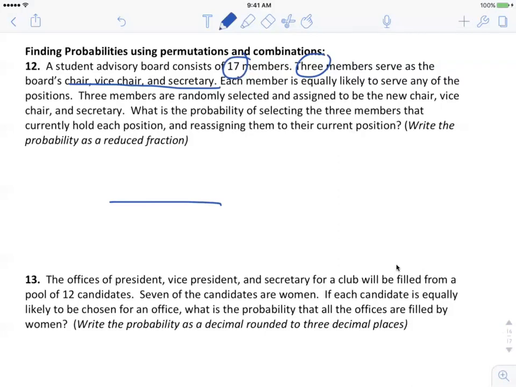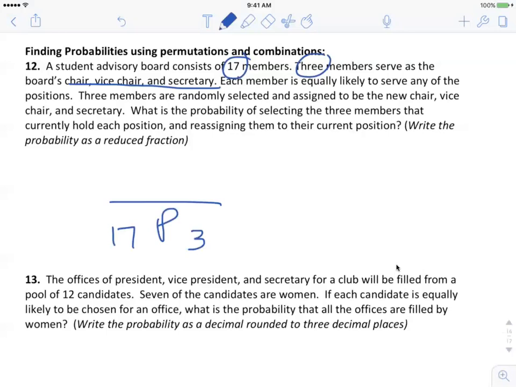So we are randomly selecting 3 people from 17 and putting them in a specific order. That's 17P3. Choosing from 17, putting them in either chair, vice chair, or secretary. So that's a 17P3, okay?